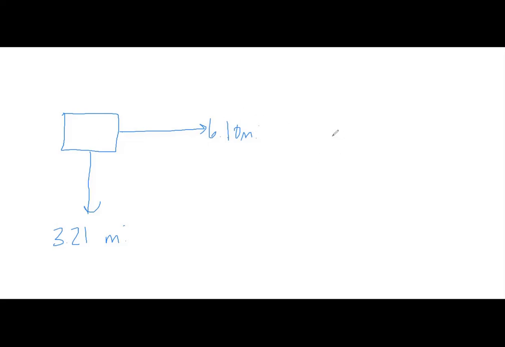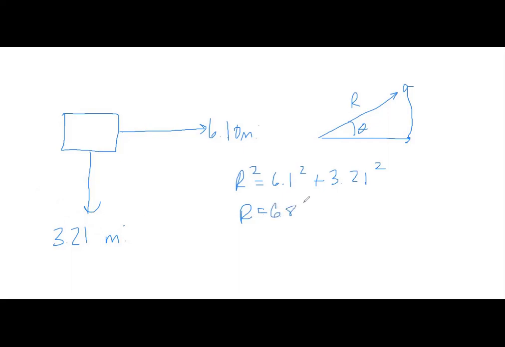So again, make sure we're drawing these vector triangles out. I got R to equal 6.89 and theta to equal 27.76 degrees.